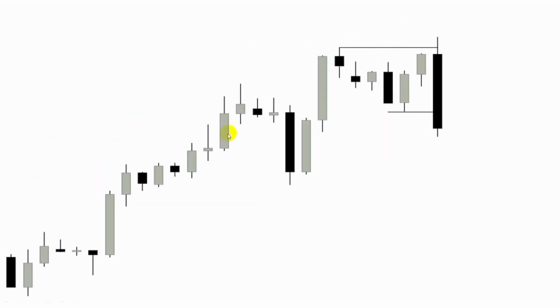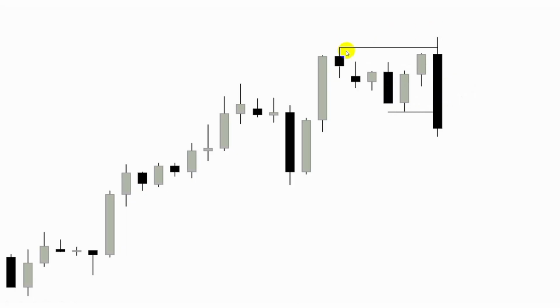Now what we can see here is a chart example where we have this bullish movement of price to the upside. We have this pullback to the downside, and this is the last down close before this bullish move that took out this high. Meaning this is our bullish order block, because this is the last down close candle before the bullish move.